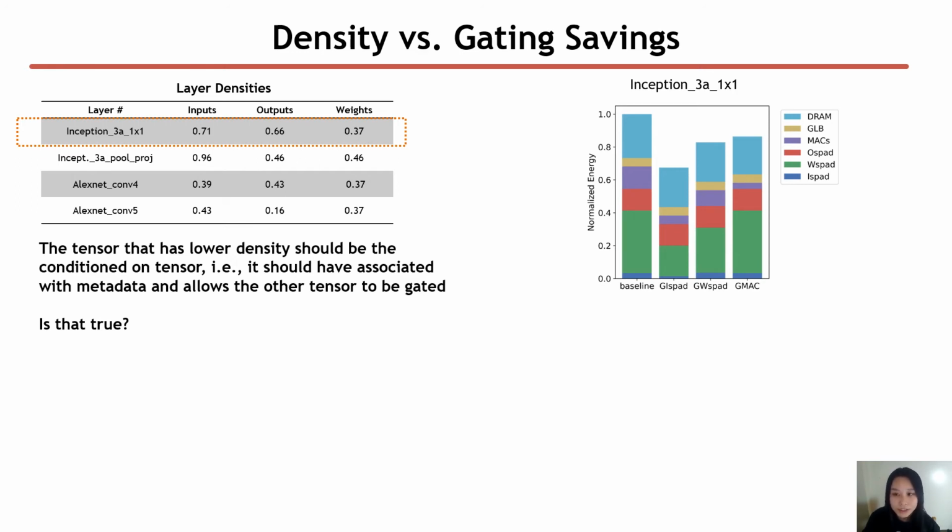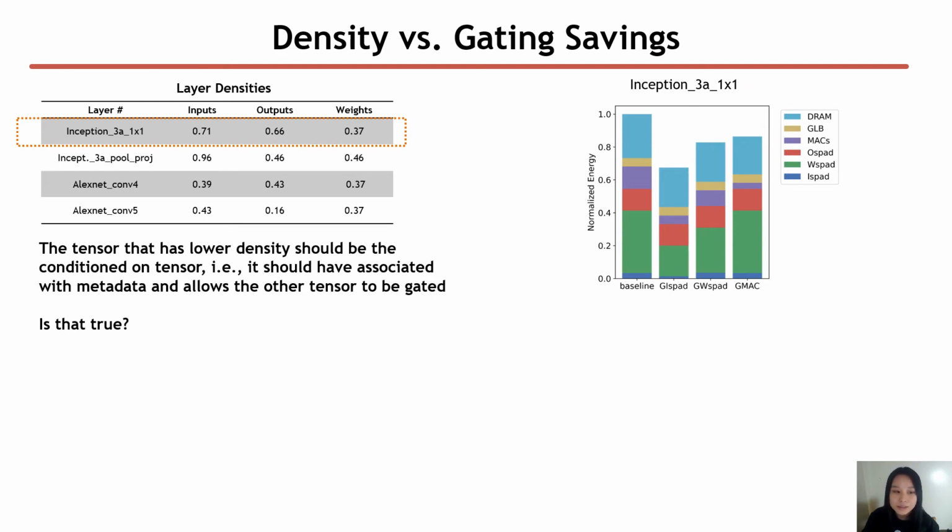For example, for inception 3A, when we gate the input scratchpad, we gate it based on weights, which is stored in the weight scratchpad. And the reason why we are seeing a significant saving is that our weight is only 0.37 dense, and this low density gives us a lot of savings when we perform gating on inputs.